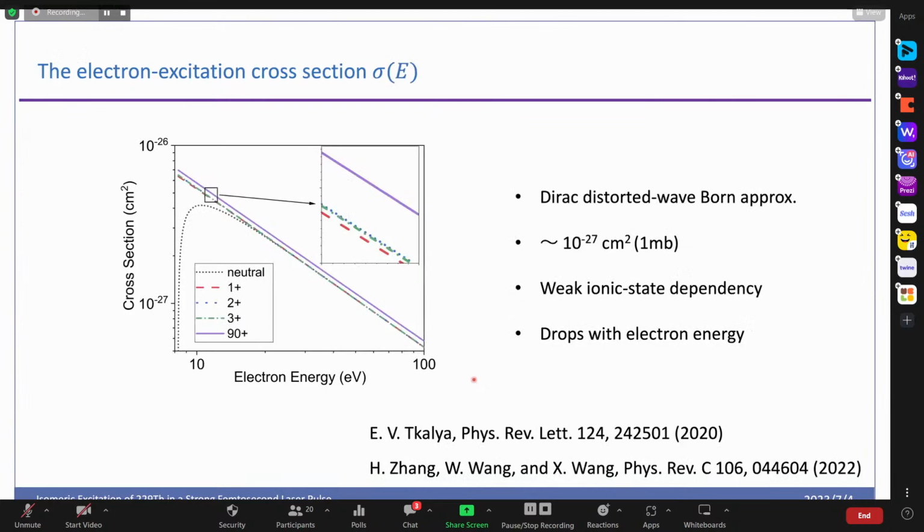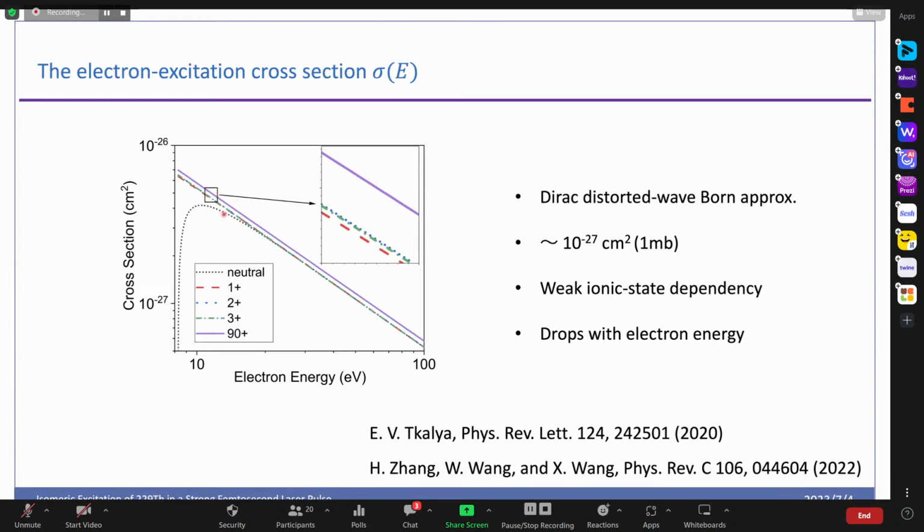The electron excitation cross-section sigma has been calculated by Professor Kalia and also by us using the Dirac distorted-wave Born approximation. Roughly, the cross-section is on the order of 10 to the minus 27 centimeter squared, or 1 millibarn. It has a very weak ionic state dependency.